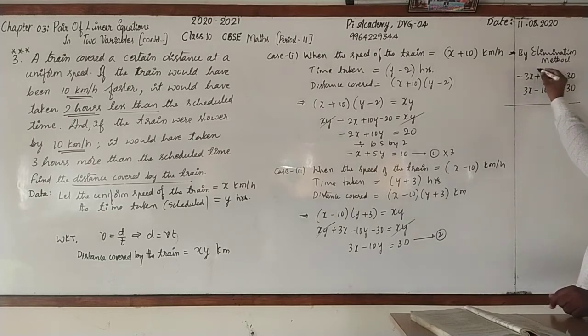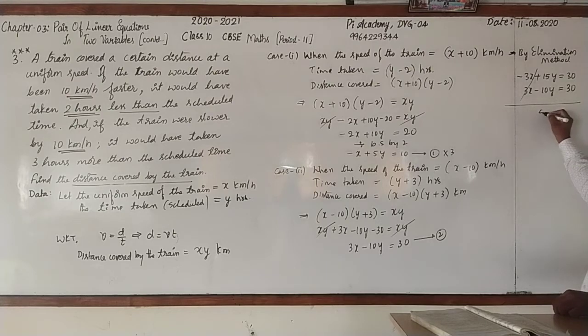Now, no need to change the sign because the coefficients of x are equal but opposite in sign. They get cancelled. 15 minus 10, it is 5y. 30 plus 30, 60. y is equal to 12. Now, let's go for finding x.